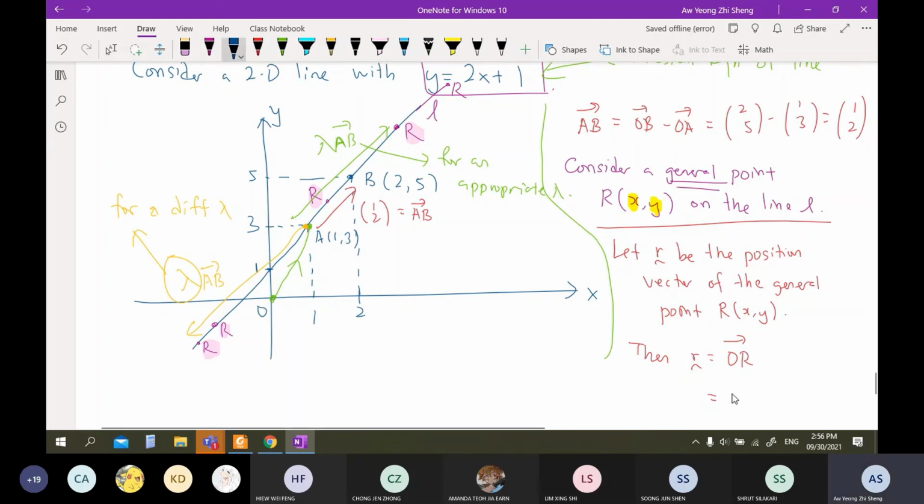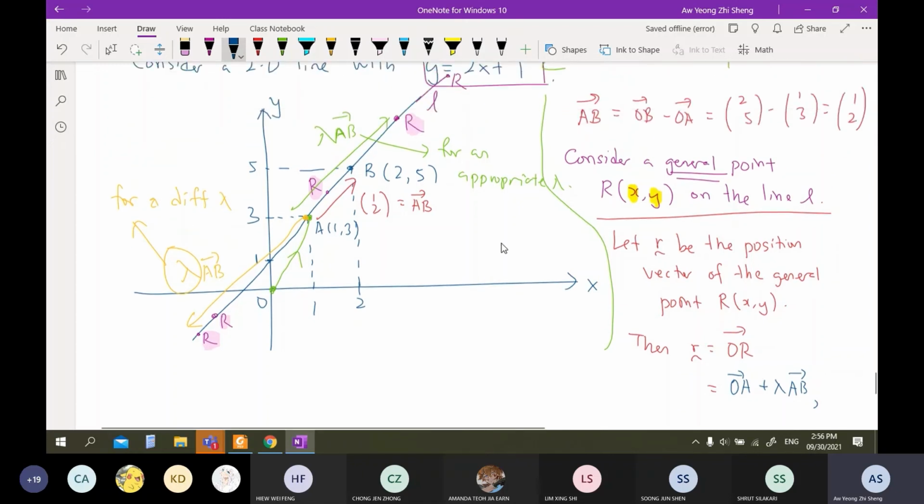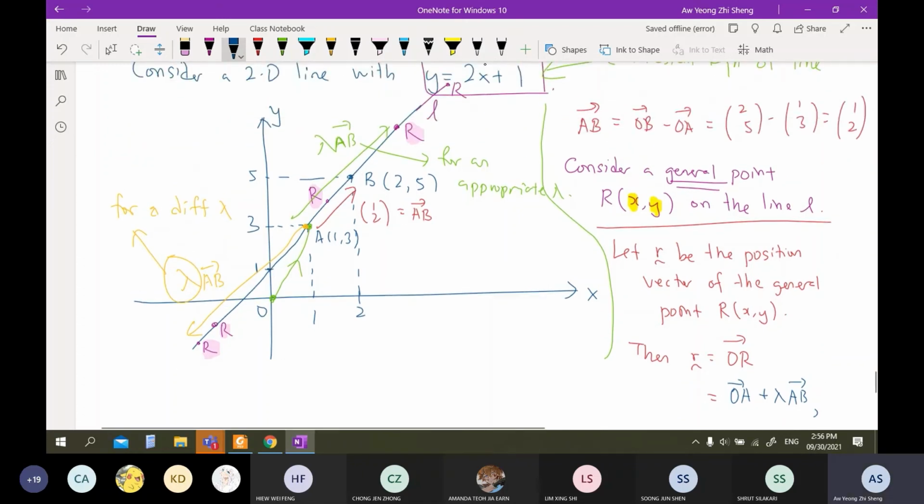So we can write OR as OA plus lambda AB. And to cover all possible positions of R along the entire line, we should allow lambda to take all real values.